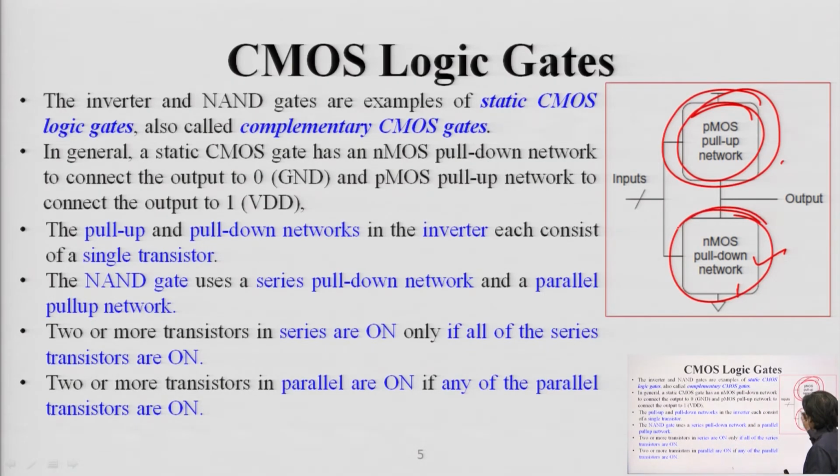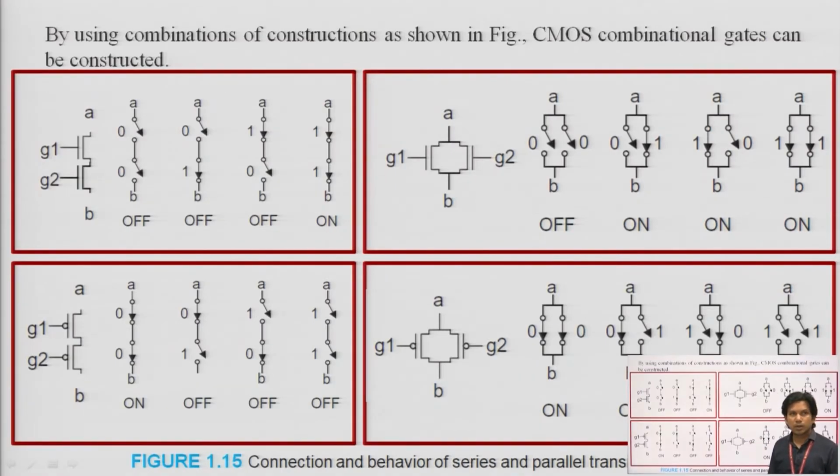But in the NMOS, for the NAND gate, in series, if any of the NMOS is off, you will not get the output, clear. So, these are the possible configurations that I have shown here, and we can understand how the series and parallel combinations work for NMOS and PMOS.